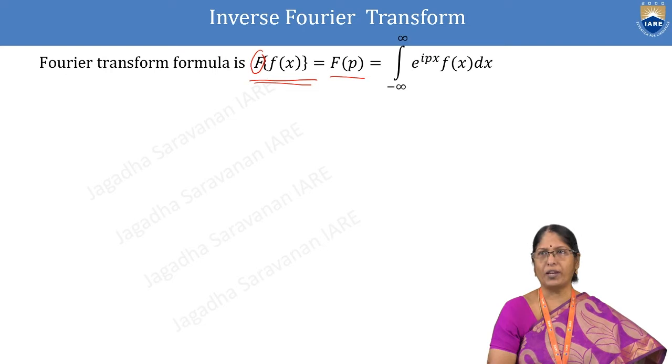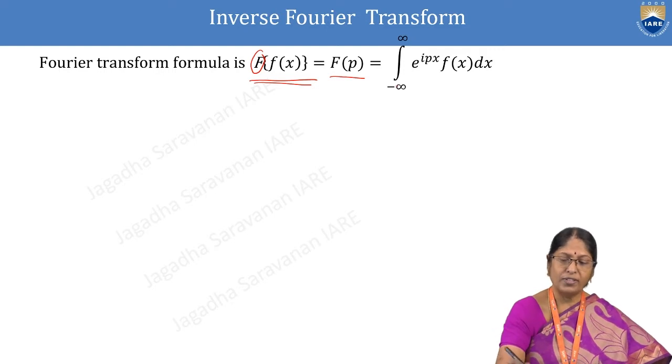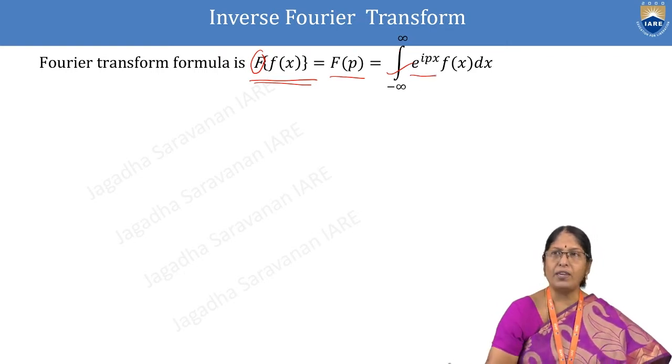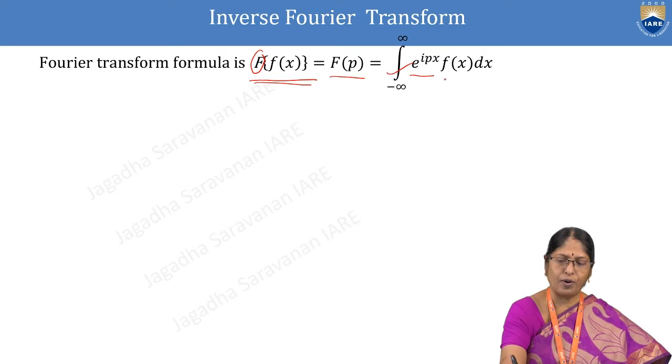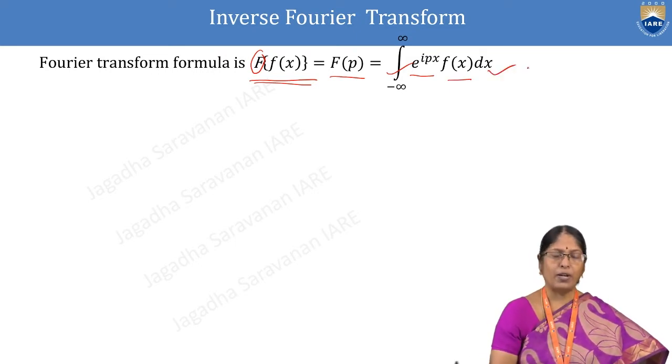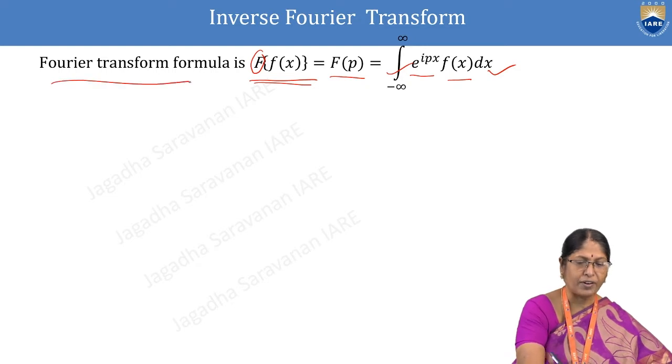It is equal to the integral from minus infinity to infinity of e power ipx into f of x dx. This is the formula for the Fourier transform.